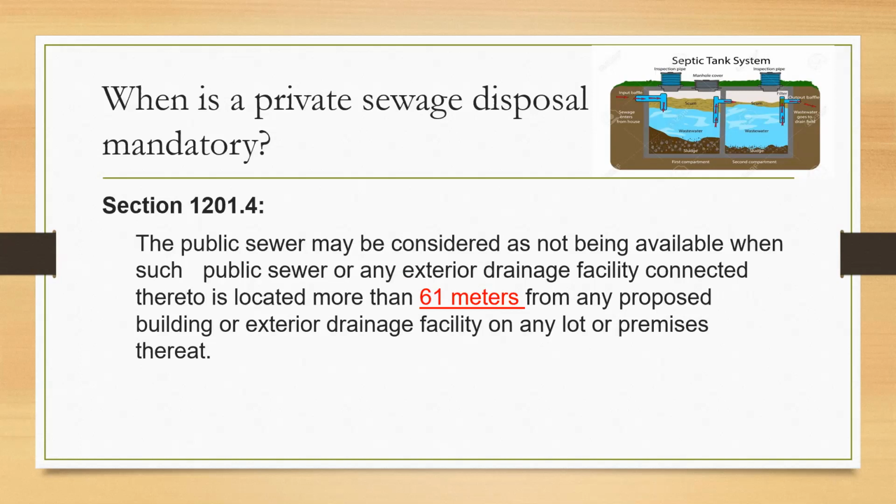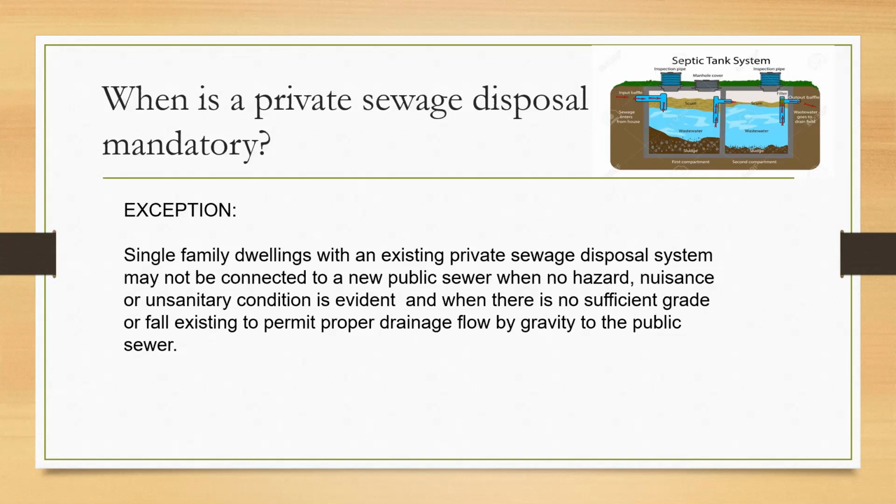Now, there are some exceptions. Kung ang inyong bahay o yung iyong structure with a septic tank is nagawa na, paano kung meron ginawang public sewage disposal system and that is less than 61 meters from the building wall? So kailangan pa bang gumawa at tanggalin yung ating septic tank?